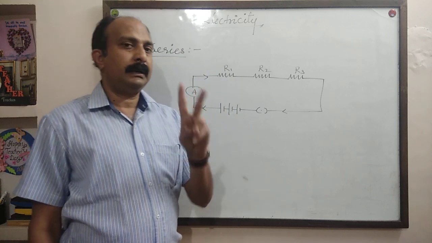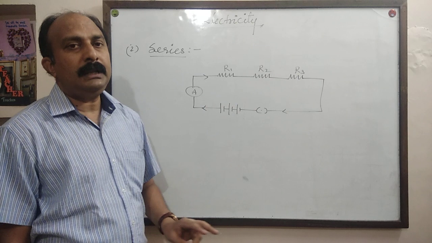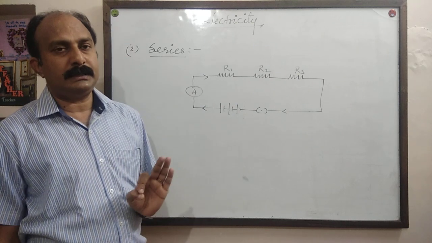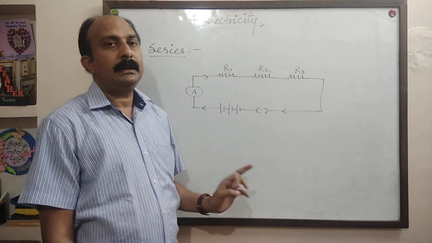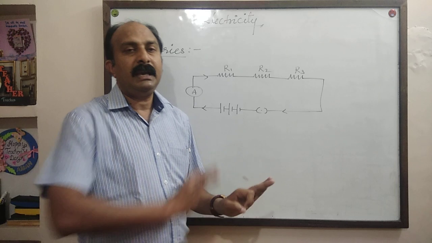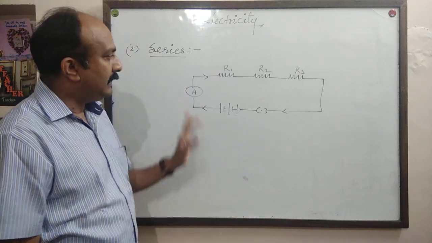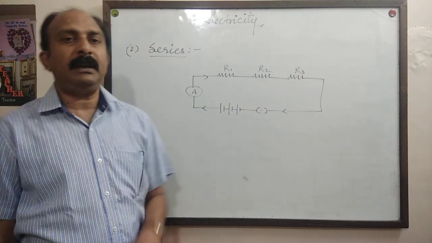Always remember two important points in series. When resistors are connected in series, the electric current in the circuit will remain the same everywhere. The total amount of electric current in the whole circuit will remain the same everywhere.